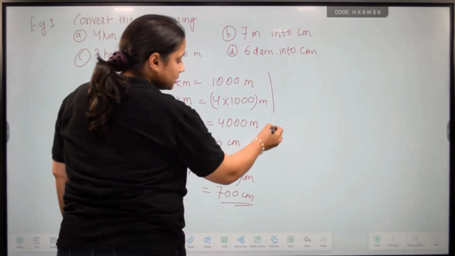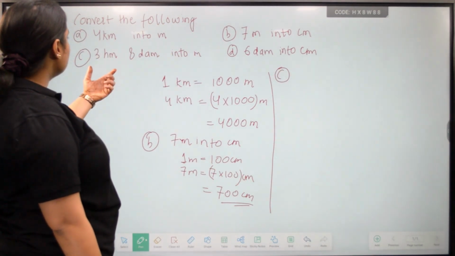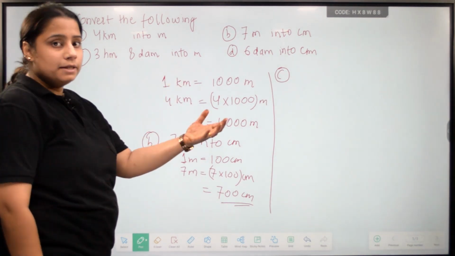Now, part C. In part C, we need to convert 3 hectometer, 8 decameter into meters.